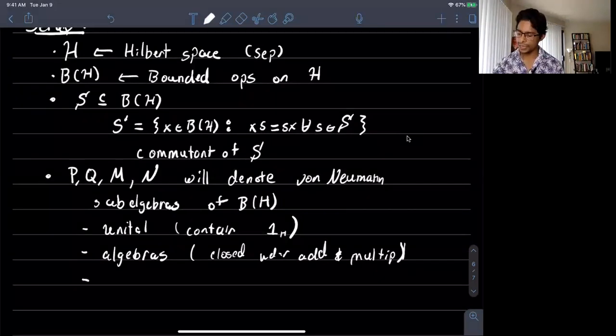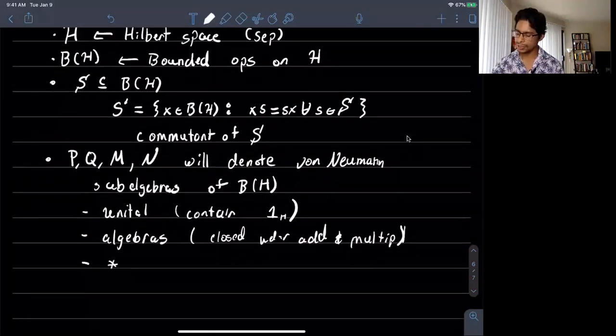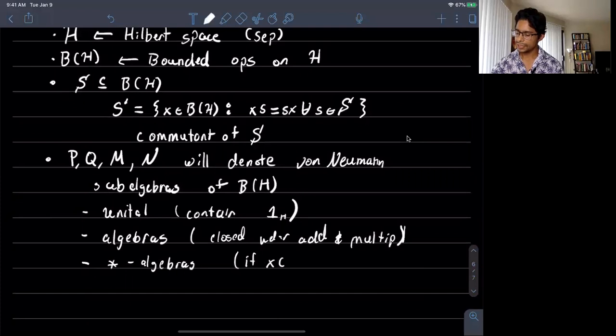And they will be star subalgebras, meaning that if, let's say, X is in, for instance, M, its adjoint is also in M.